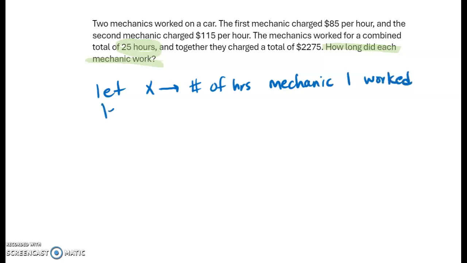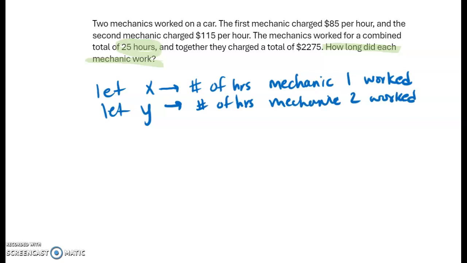And I'm going to say let y equal the number of hours mechanic 2 worked. And so now I need to set up my system. I need to write the equation. I know total, they worked 25 hours. So x plus y has to equal 25. So I've got one equation.